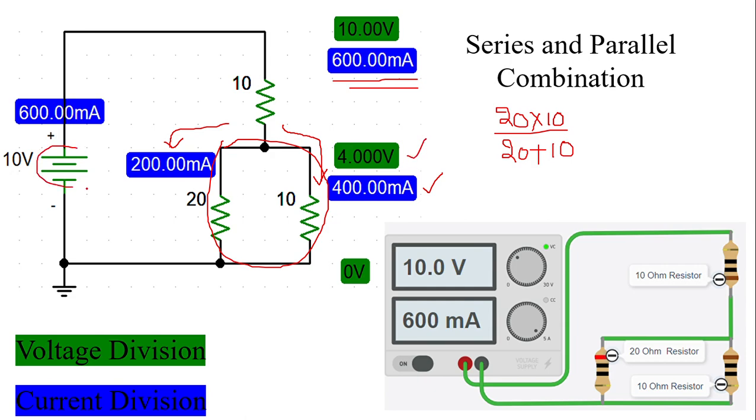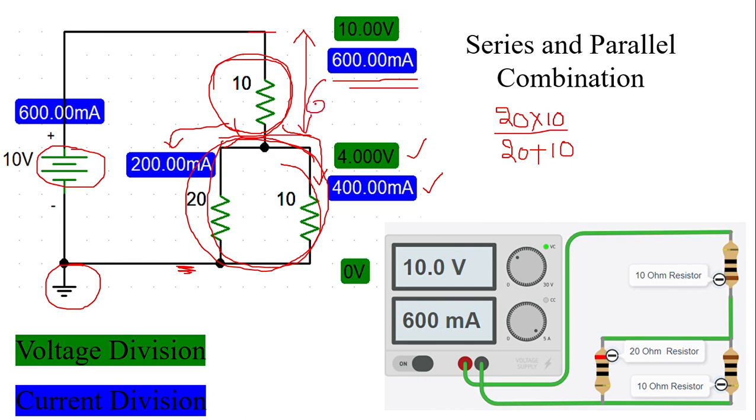The entire applied voltage gets divided into two parts: one is across this 10 ohms, the other is across the combination, that is 4 volts. With respect to 0 volts, the voltage at this point is 4 volts, the voltage at this point is 10 volts, and across this it is going to be 6 volts. In this type of circuit, voltage division also will happen, and current division also will happen, right?